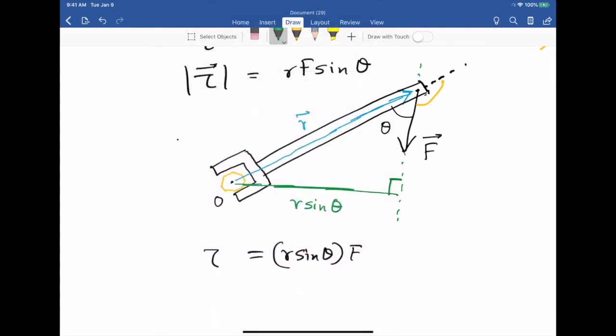It's called the lever arm, or r perpendicular. So the torque is also equal to r perpendicular multiplied by F. And what is r perpendicular? R perpendicular is the lever arm. It also has another name. It's also called the moment arm.